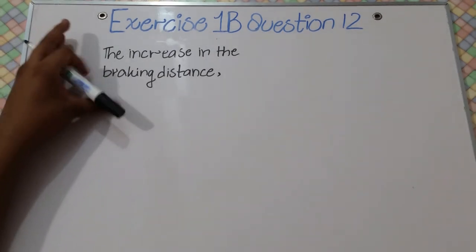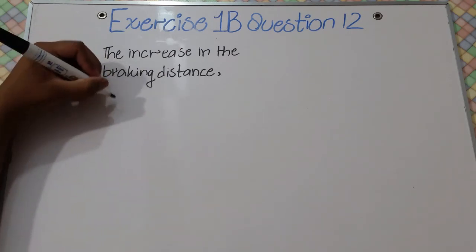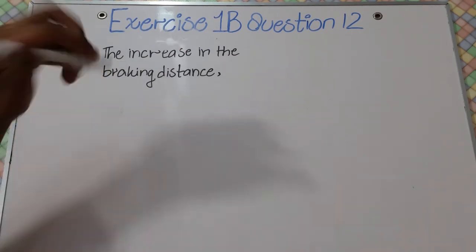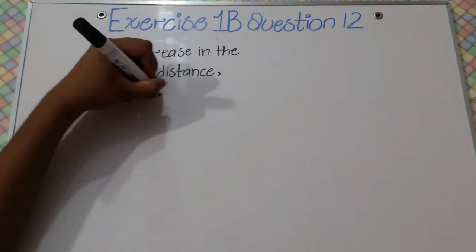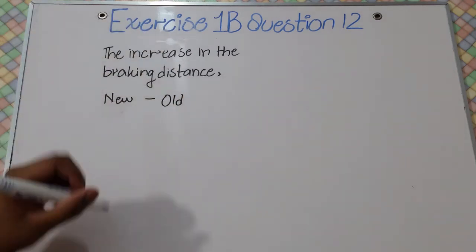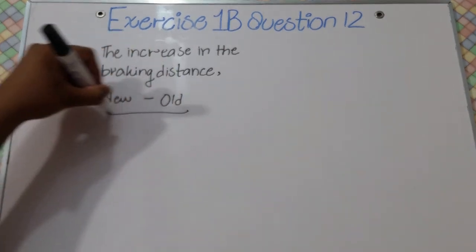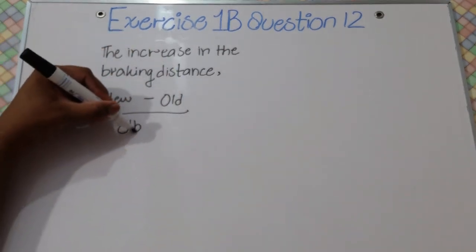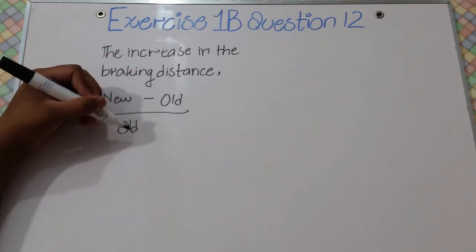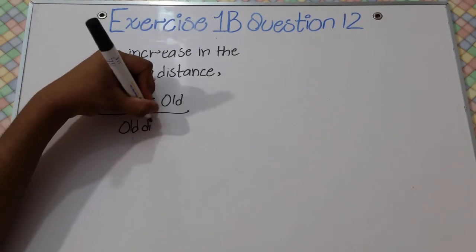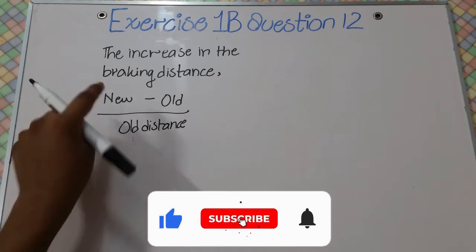First of all, let me tell you the formula to find the distance. We just subtract the new minus old distance, and divide by the old distance. So this is the new distance.